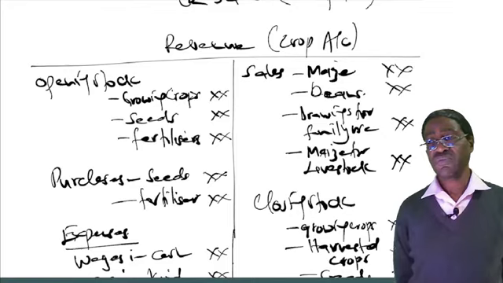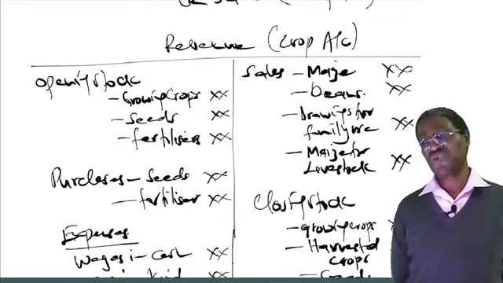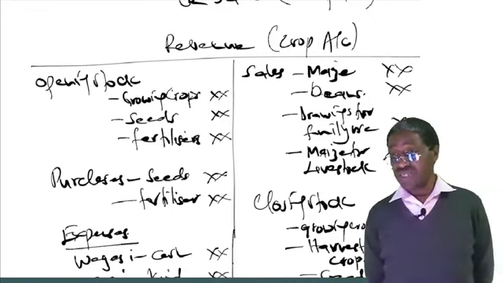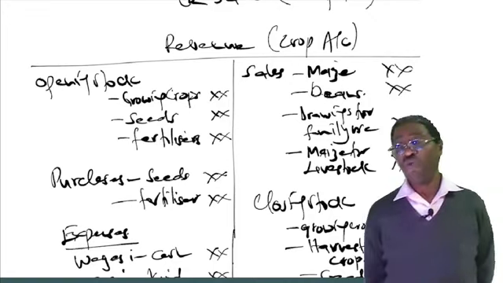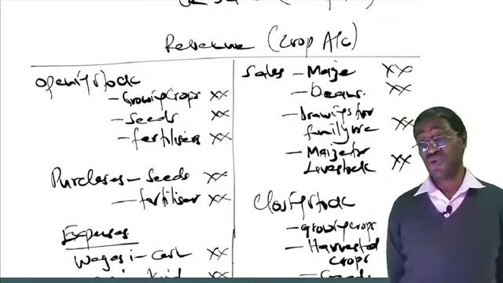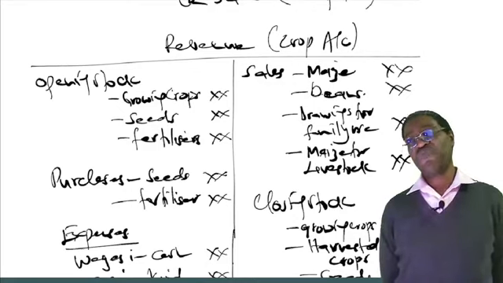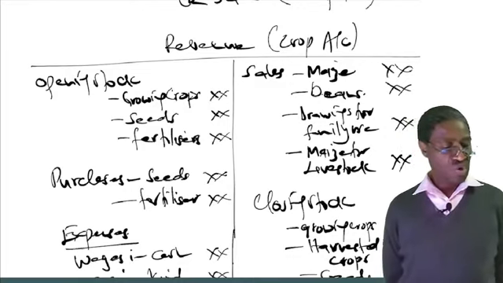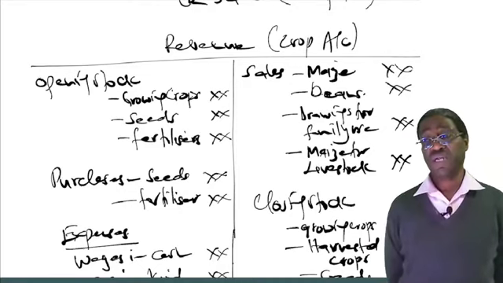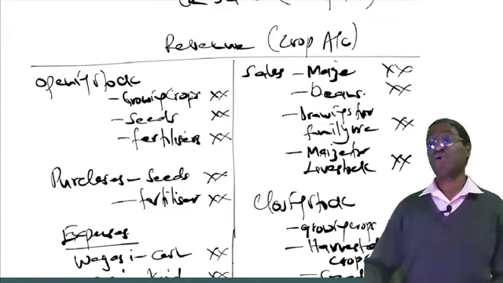Another paragraph. The following is an example of the format of a revenue account for crop farming.